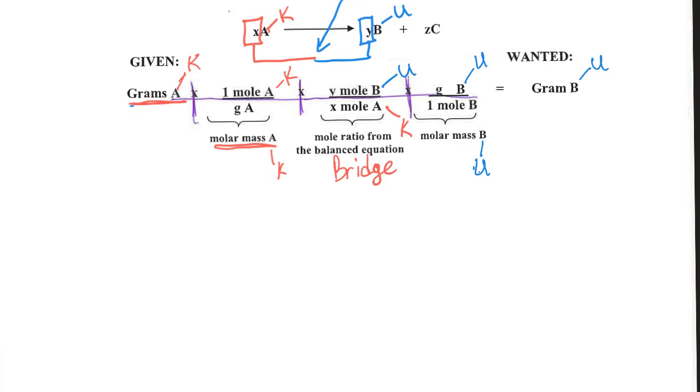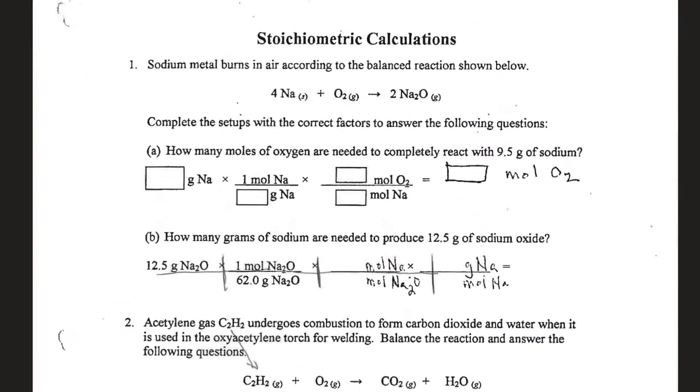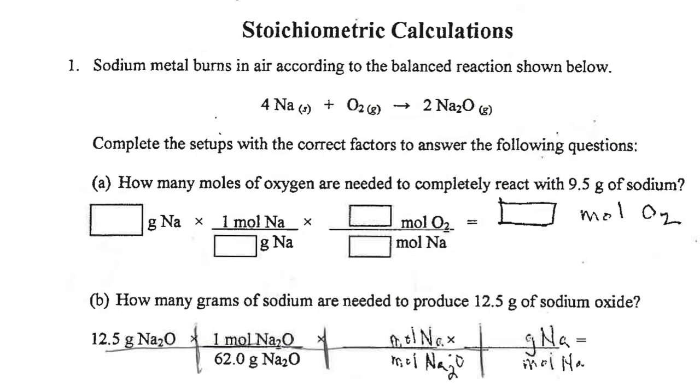So again, looking at this problem, you can see that we've got it divided into a known side and an unknown side. And the bridge is what connects these two things together. So let's go ahead and look at a couple problems. It says sodium metal burns in air according to the balanced reaction shown below.